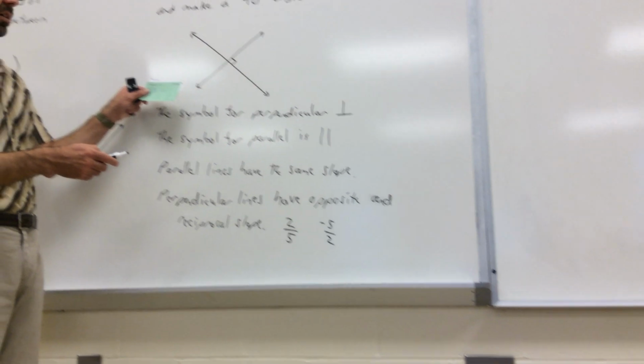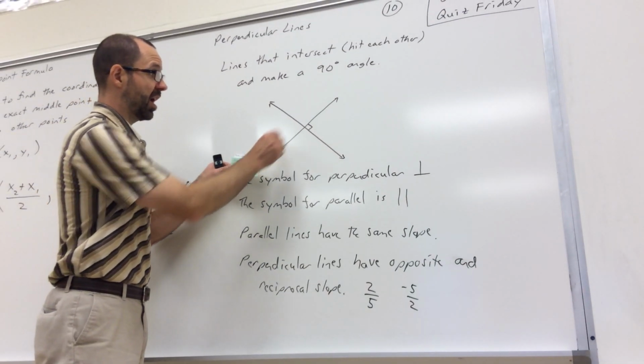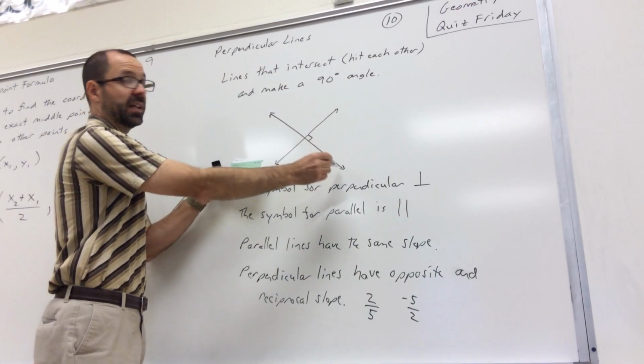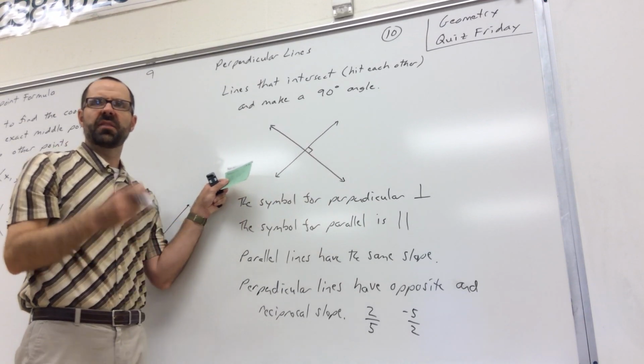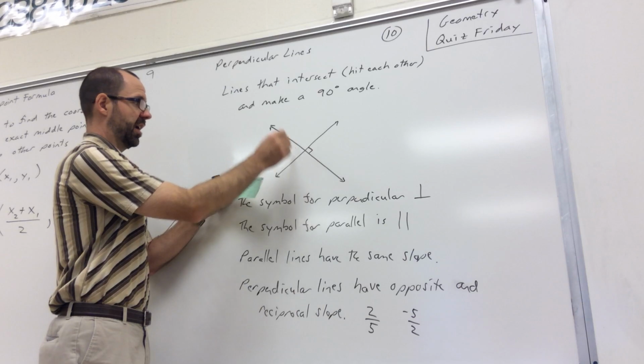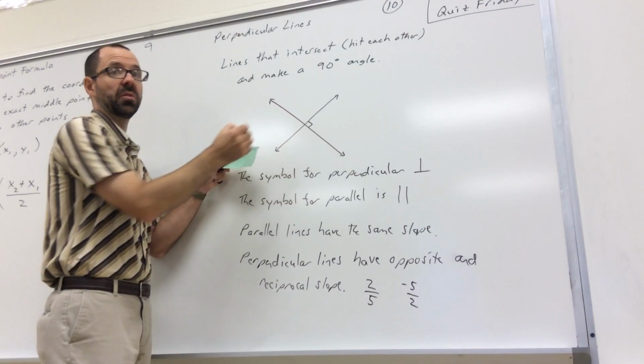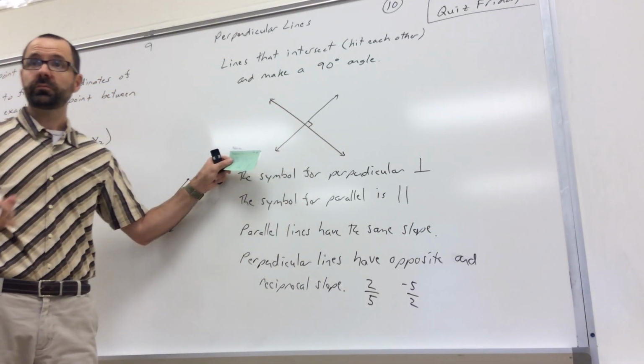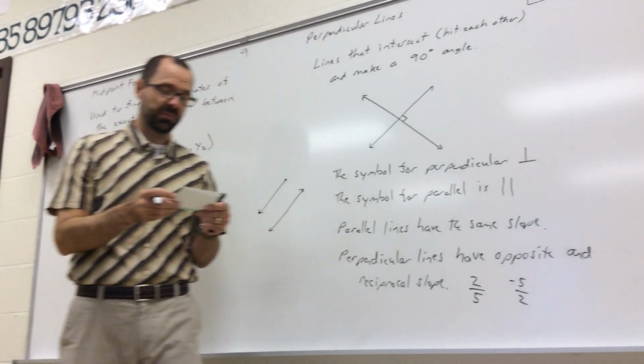And you could tell up here that if this one has positive slope, this one should have negative slope. And then if we graphed, we could tell that if this one's going up 2 over 5, this one needs to go down 5 over 2. Okay, so perpendicular lines have opposite reciprocal slopes.